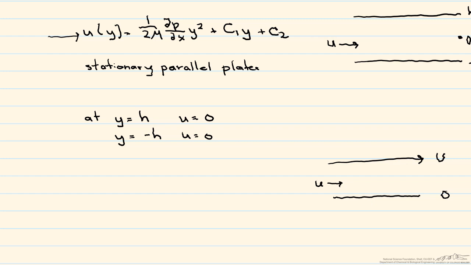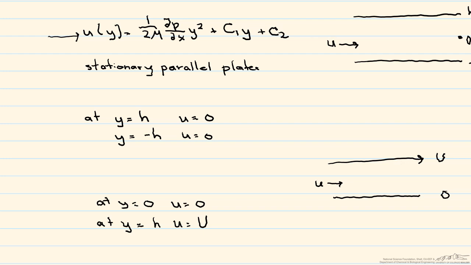So we know, again, at y equals 0, that u equals 0 because the plate is stationary. However, here at y equals h, u is equal to the velocity of the moving plate.